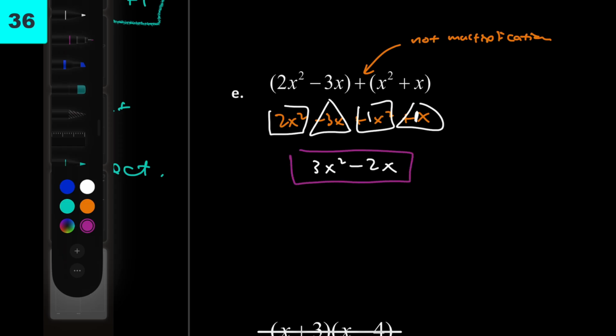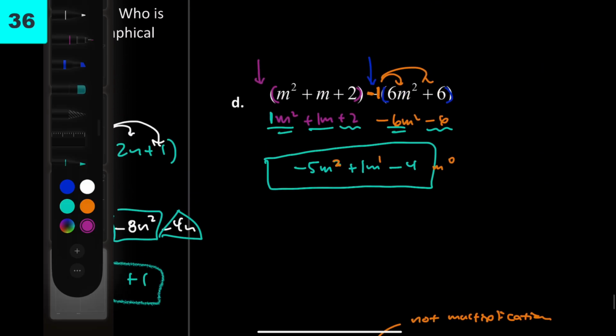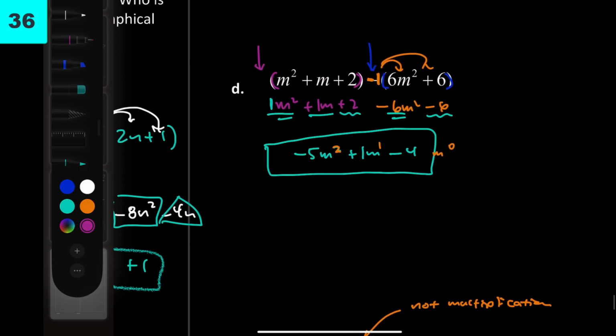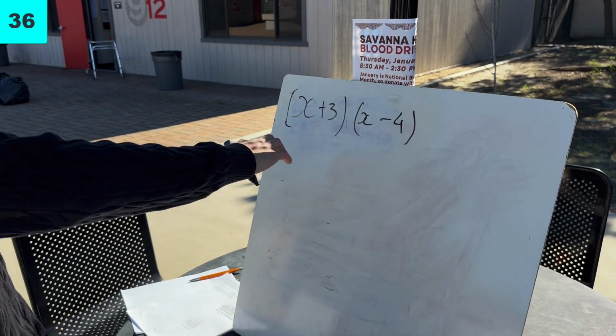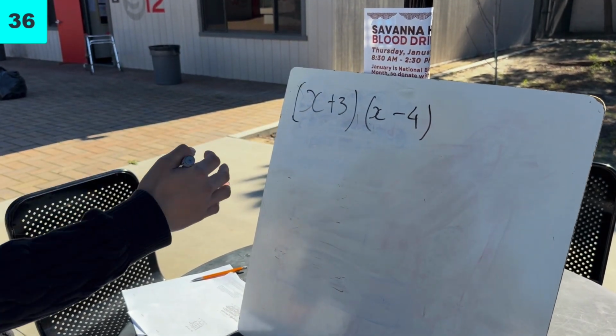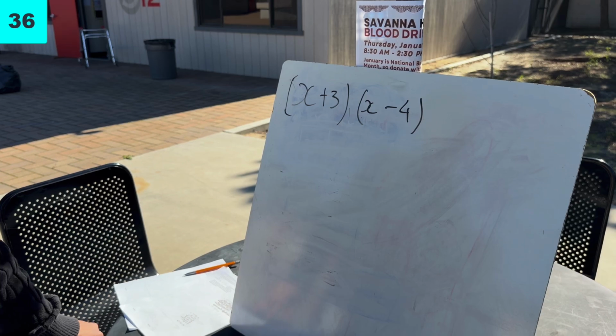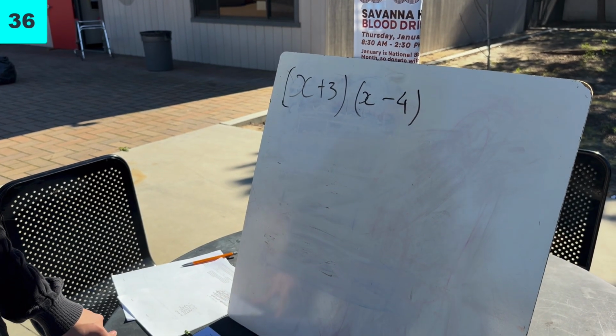Let's just highlight them. So the first one has a minus, this one's a plus, but pay attention here. In F, there is no plus or minus, which means you multiply. Okay, and that's why Leo is going to tell us how to multiply x plus 3 times x minus 4. This is an expression like x plus 3 times x minus 4.